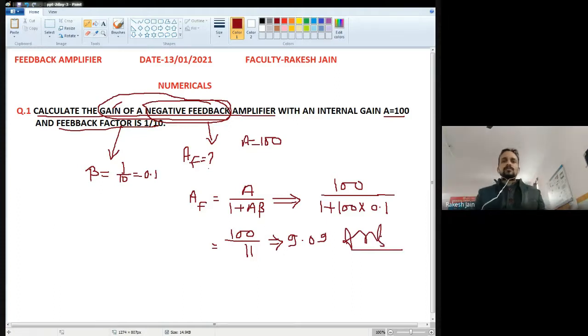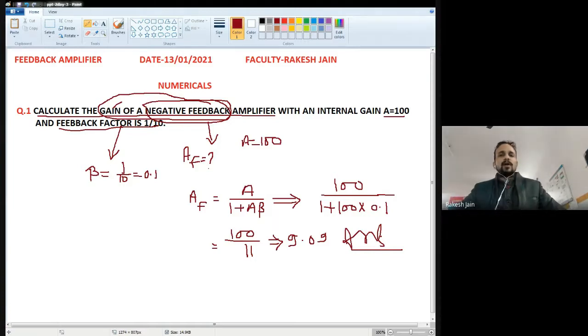This is the solution of the very first numerical, which is based on the first benefit derivation we have already covered, that the voltage gain of a feedback amplifier is reduced. The voltage gain of a feedback amplifier is always lower compared with the without feedback case. We derived that AF is equal to A divided by 1 plus A beta. A is the gain without feedback, 100 here in this question.